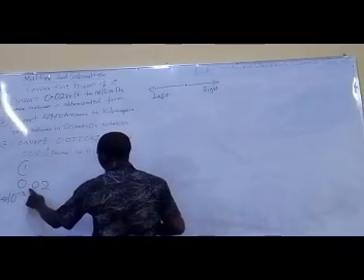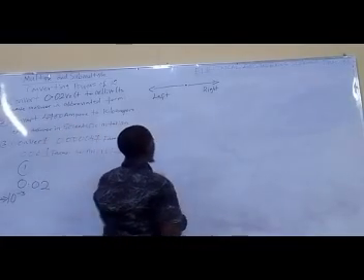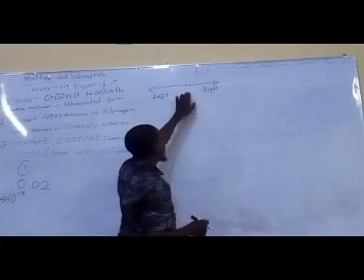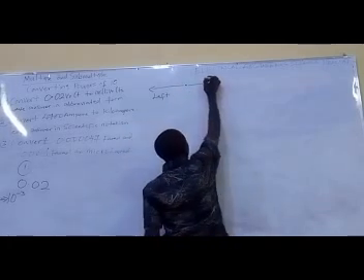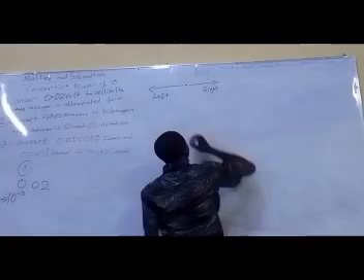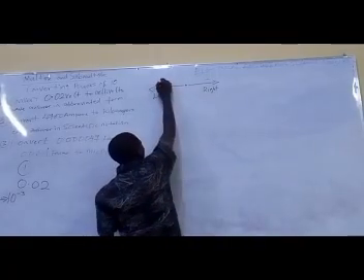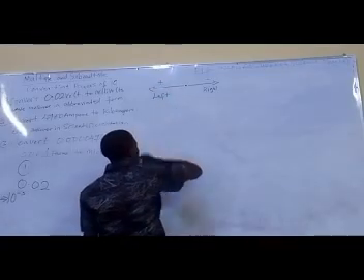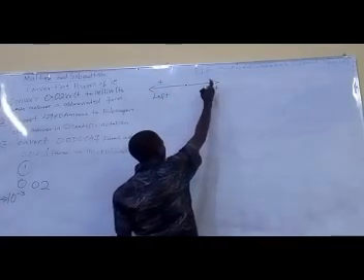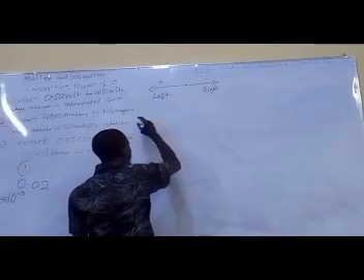If the decimal point moves to the right, it is moving towards the minus sign. If it moves to the left, it is moving towards the positive sign, that is the plus sign. So we have negative to the right and positive to the left.